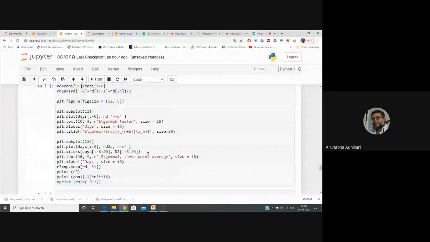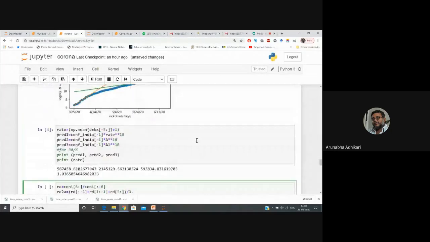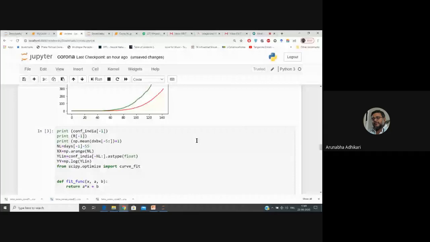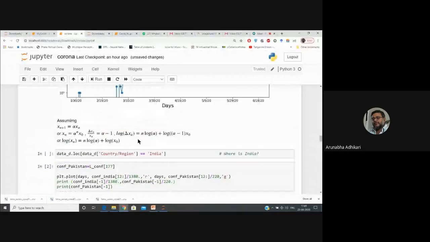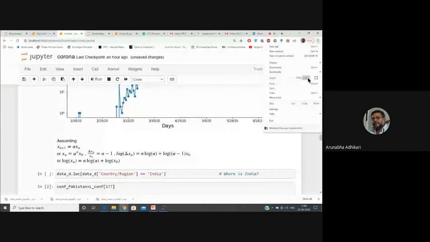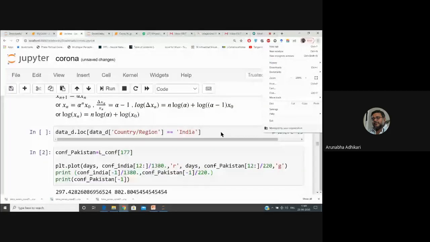Now, the most interesting thing is the next curve, where I assume that instead of this recursion relation, where xn plus 1 is connected with xn by a constant alpha. See, this was my recursion relation that I assumed.